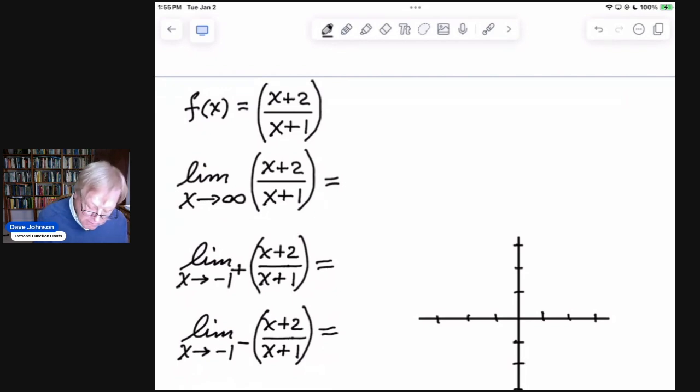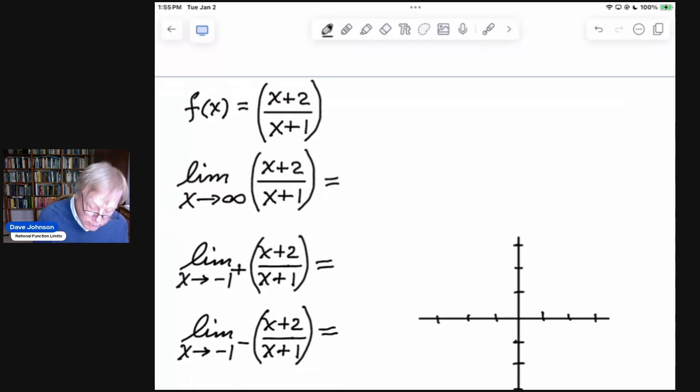So first of all, let's convince ourselves that you're going to get an infinity over infinity indeterminate form. Okay, so if x goes to infinity, x plus 2 is going to be infinity, x plus 1 is infinity, so you get infinity over infinity. So you need to think about this a little bit more. And this is where the rule that you may have learned before comes into play, and I'm going to show you a different way to think about it as well.